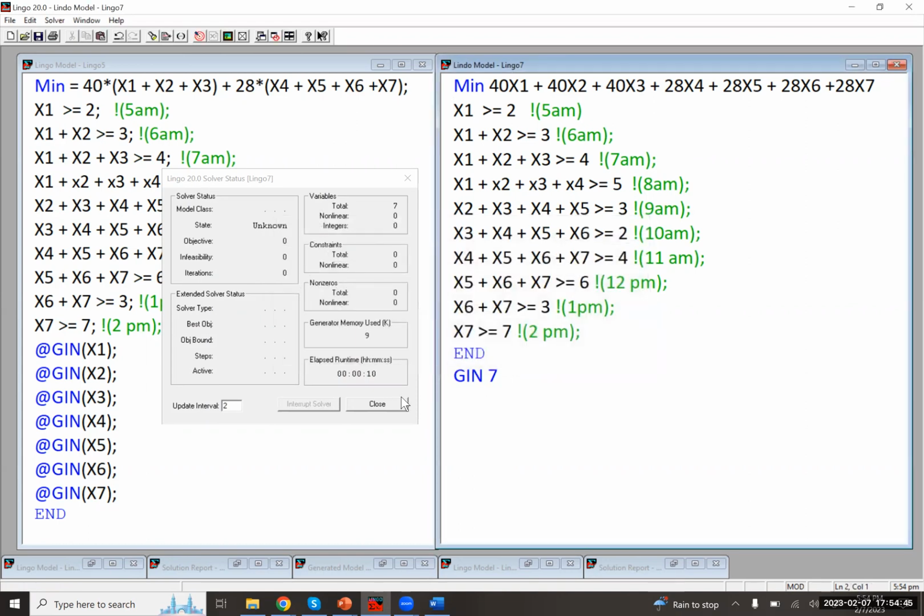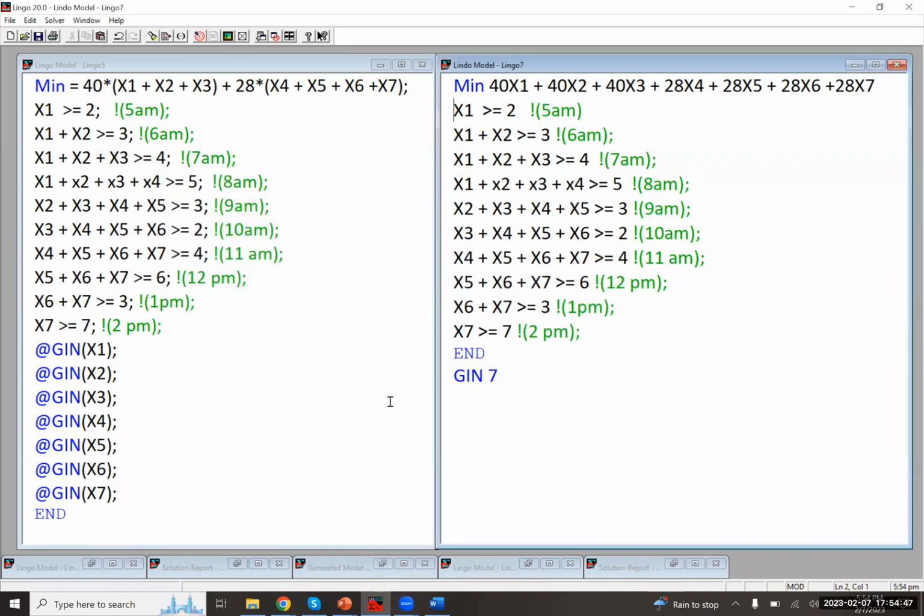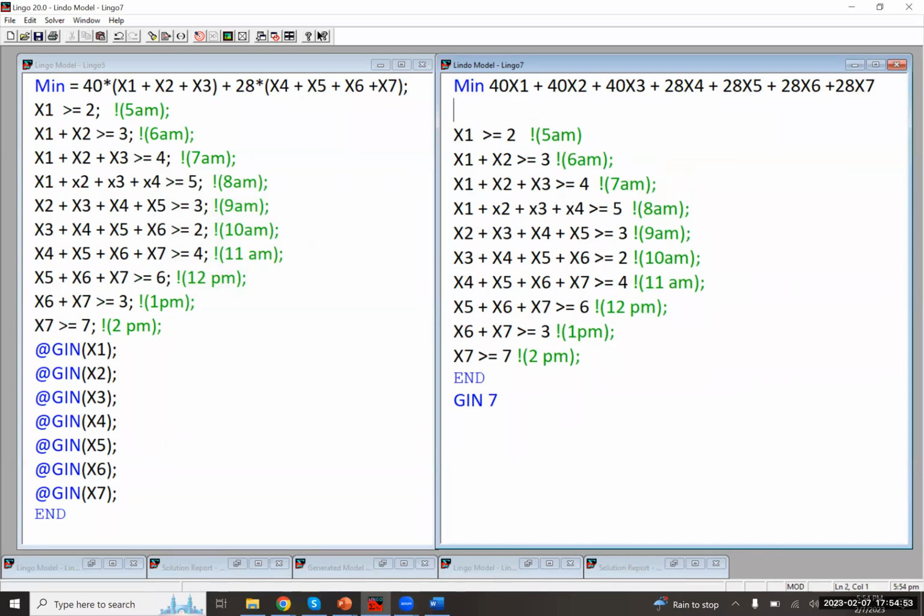Okay, let me see. Oh, you know what? We forgot to put the subject to before we type in the constraint sets. So in LINGO, you do need to include this SUBJECT TO or ST. Either's fine. Okay, now it should work.